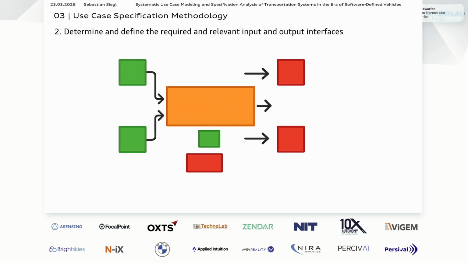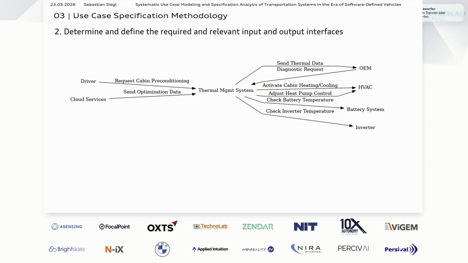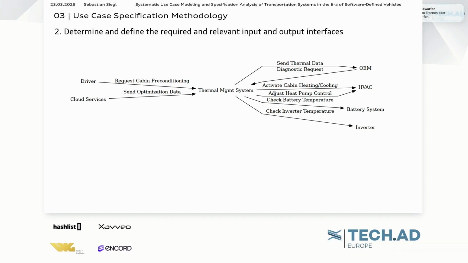The next step is that you identify all the relevant input and output interfaces going across these different logical views on your system architecture, on the interacting systems, and keep this also consistent. So here again an example for a part of the systems you have seen on the slide before, the thermal management system, that you define these interfaces on the same layer of your system modeling.